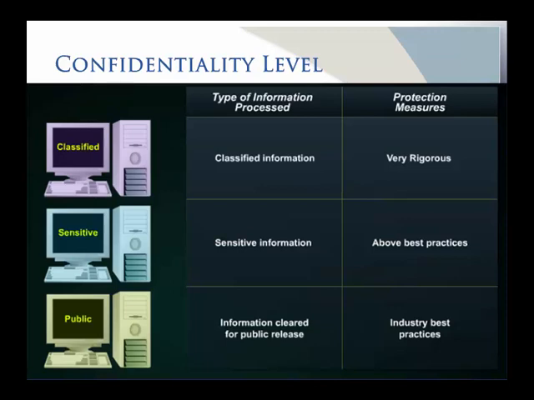That's where you want to do above best practices. You want to take every effort to keep that information from just being thrown on the internet, which is, of course, our third category, which is public. Information cleared for public release, posted on your website, do whatever you want. We want to do industry best practices on those things, but really not anything further than that.